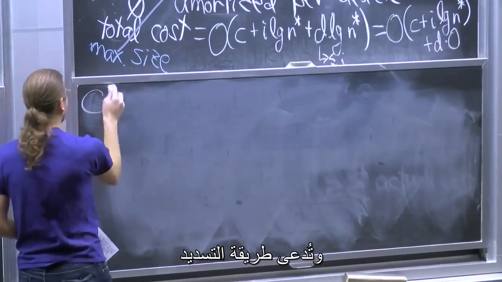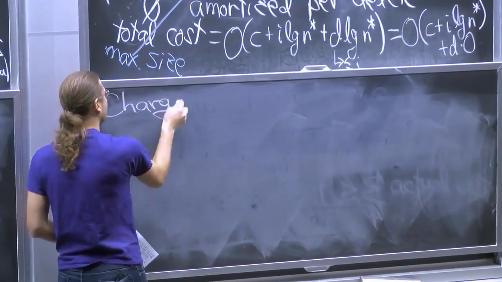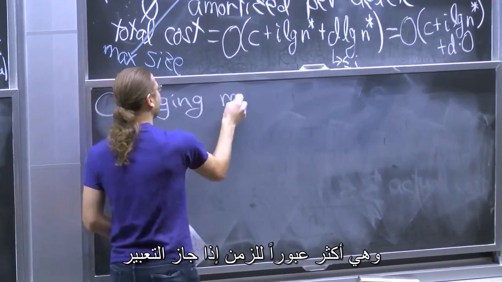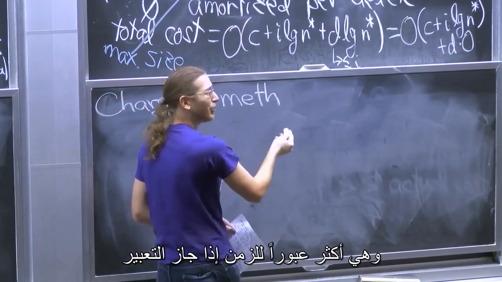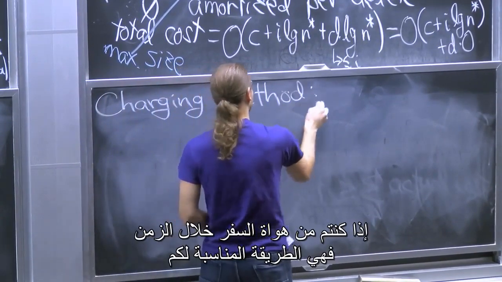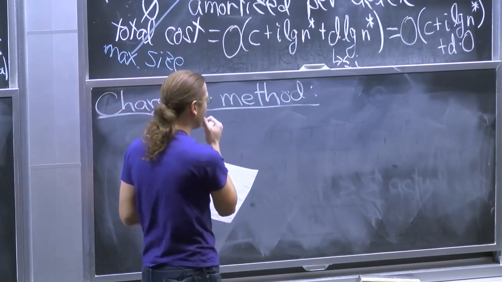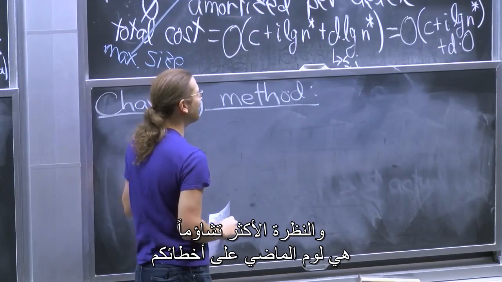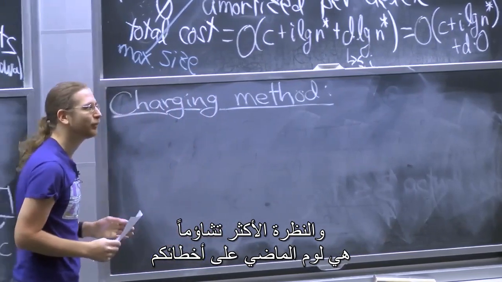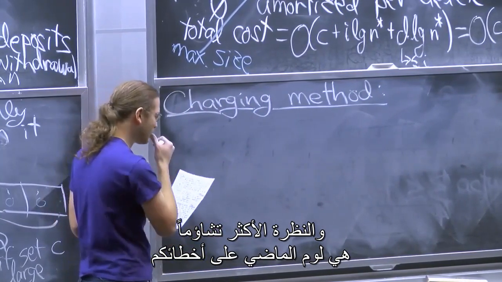It's called the charging method. It's also a little bit more time travel-y, if you will. So if you like time travel, this method is for you. Or maybe a more pessimistic view is blaming the past for your mistakes.